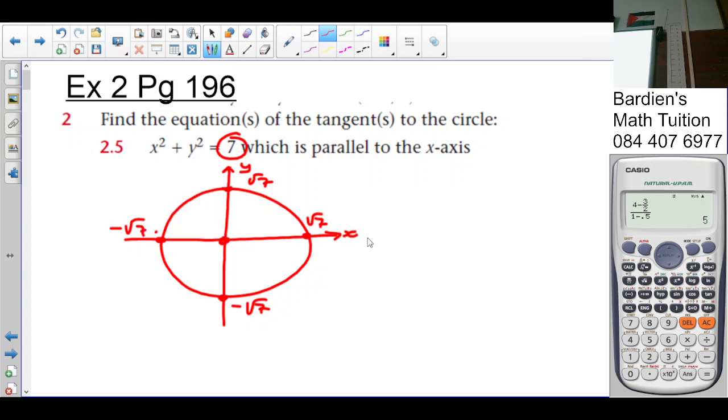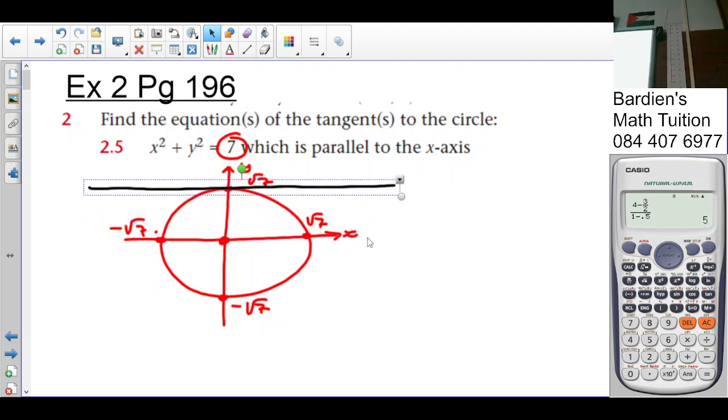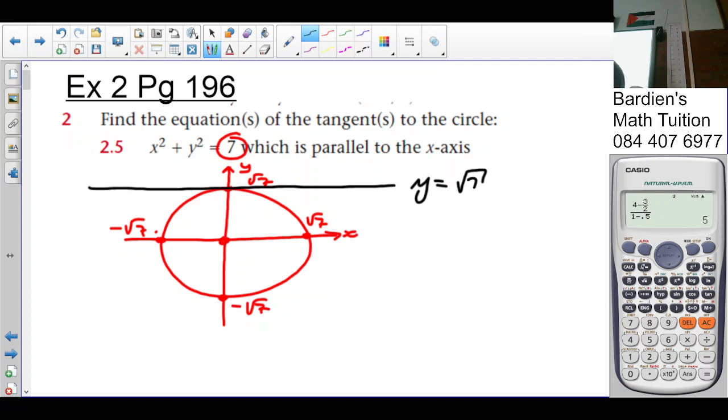So they want to know what's the equation which is parallel to the x-axis. If it's parallel to the x-axis, we'll go through like that. So if it's parallel, there's a tangent. Can you see that? So what is the equation of this tangent? y equals square root 7.